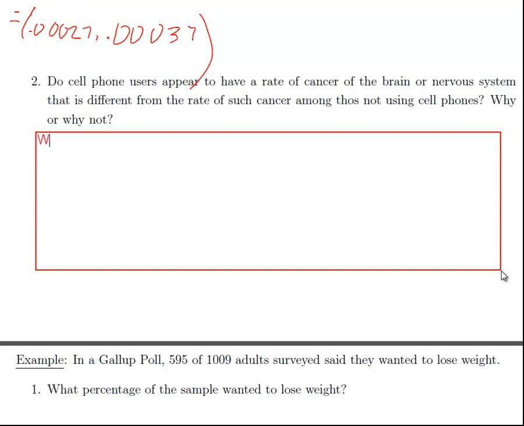So our interpretation would be we are 95% confident that between, I'm going to change this to a percent, 0.027 to 0.037% of cell phone users will unfortunately develop brain cancer.